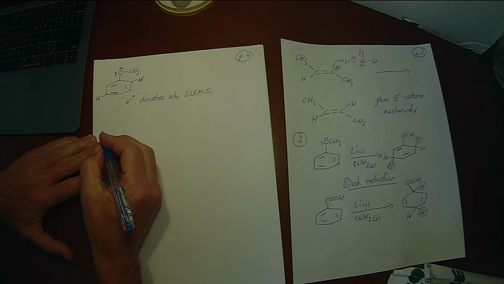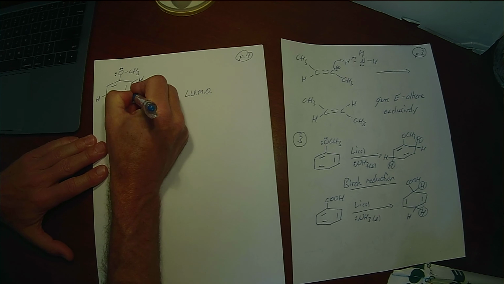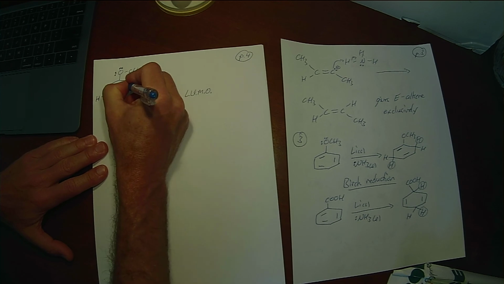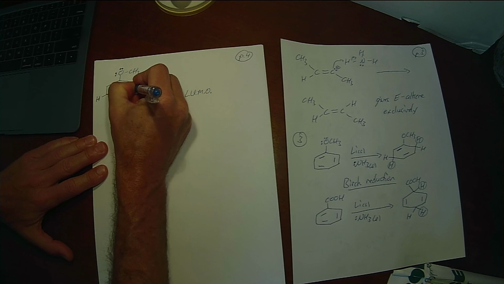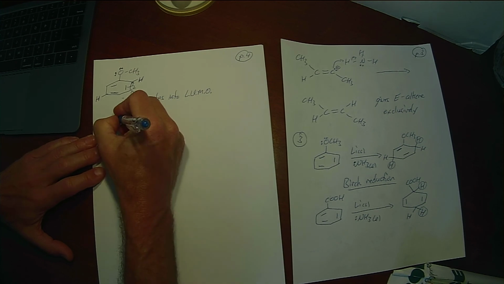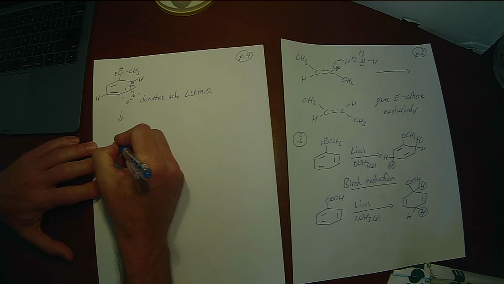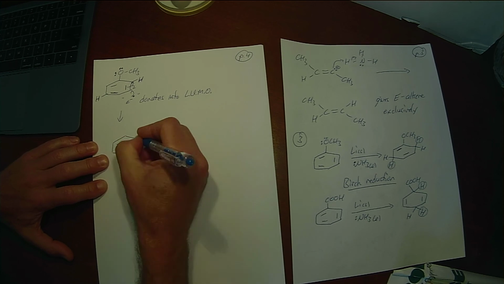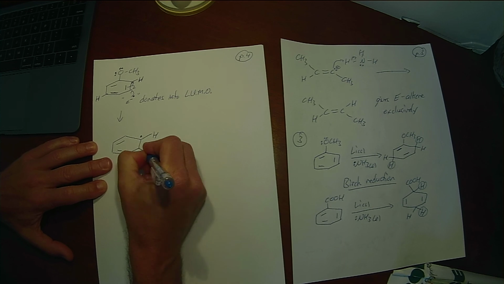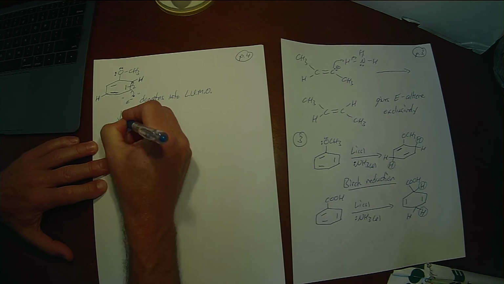So if we add this electron to this end of the pi bond, we're going to have to break that pi bond. And if I break that so that one electron goes in each direction, what I'm going to end up with is a radical anion. So I'll end up with a radical on this carbon, and over here I've just paired it up, so I'd end up with a radical anion that looks like that.